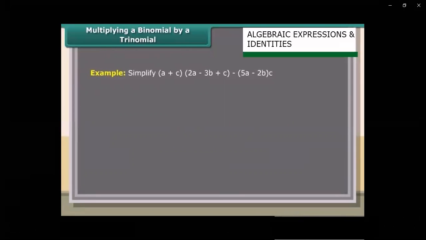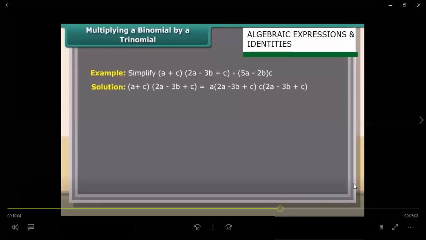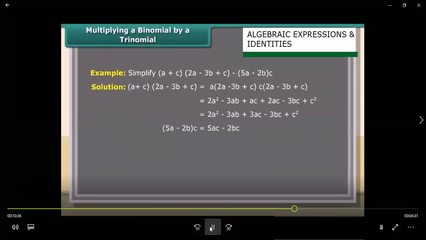Again, one more example: a plus c multiplied by 2a minus 3b plus c minus 5a minus 2b into c. First you have to multiply this trinomial by a and c also. Let's see how we do it.